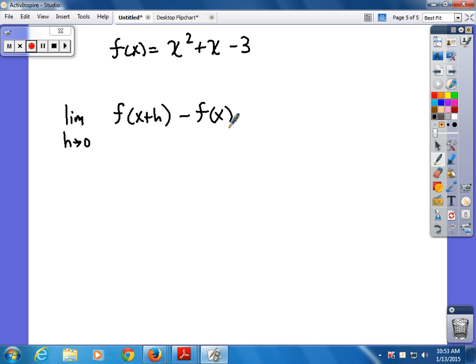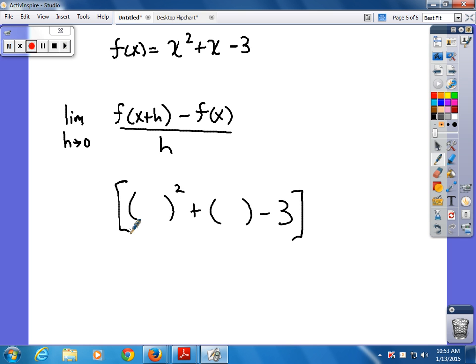of x over h. Well, this says anywhere there's an x up here, I have to plug in x plus h. That's what that means. So, parentheses squared plus parentheses minus 3. That's our function. And wherever there's an x, I'm going to plug in x plus h.